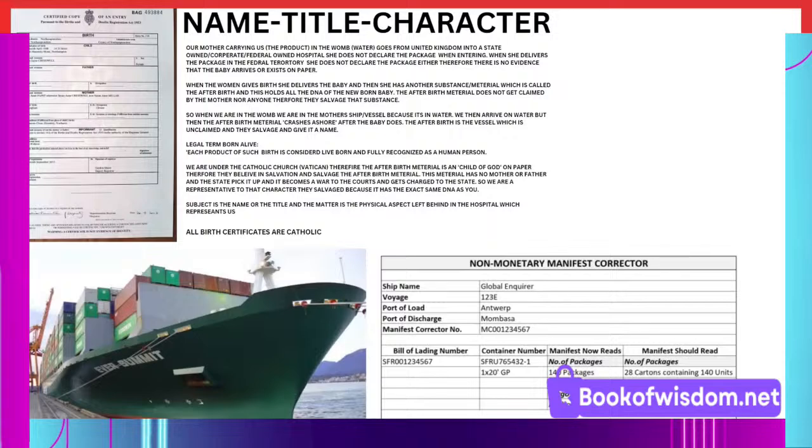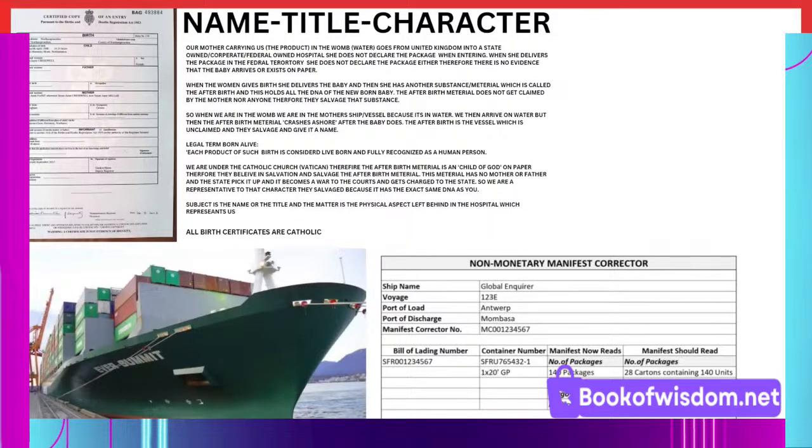She does not declare the package when she enters the building. Aha, so keep that in mind. When she delivers the package in the federal territory, she does not declare the package either when she leaves. Therefore, there is no evidence that we exist when we arrive. On paper, there is no evidence that we came into the building or left the building. We have not been declared. So we do not exist on paper at this point.